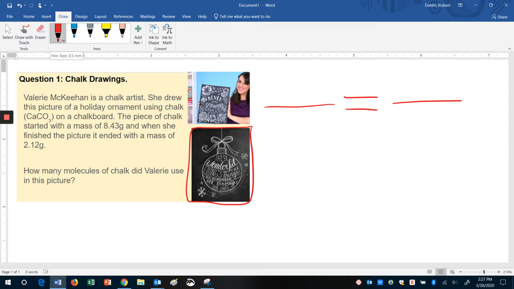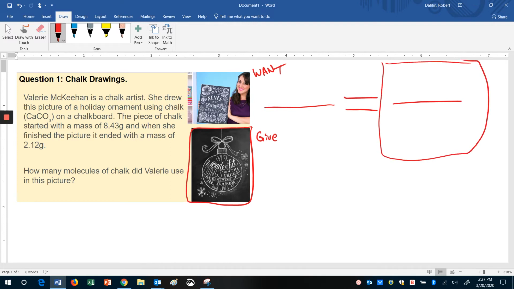I said, make the top side what the question wants you to find, and make the bottom side what the question gives you. And then the stuff on the right-hand side almost always comes from either the periodic table or it's you needing to know that 1 mole of something equals 6.02 times 10 to the 23rd.